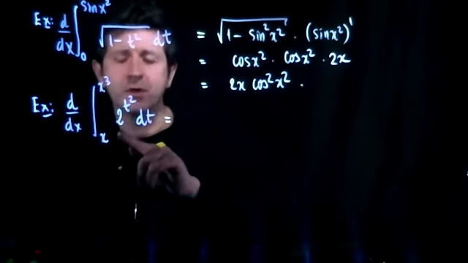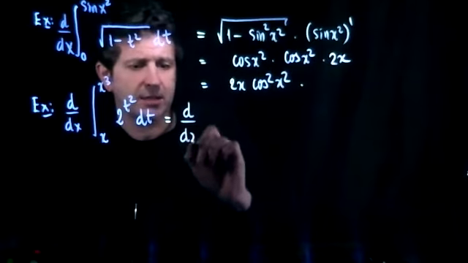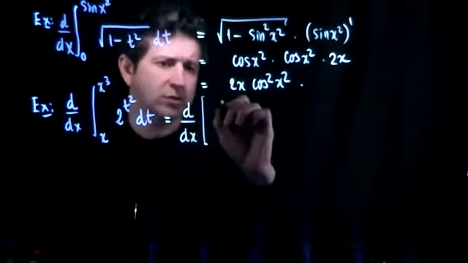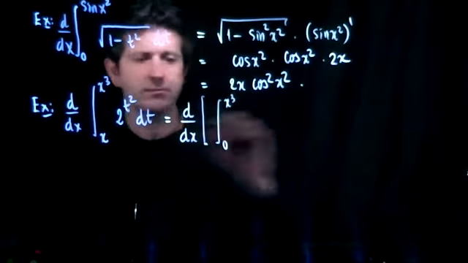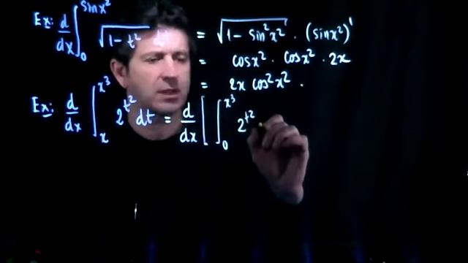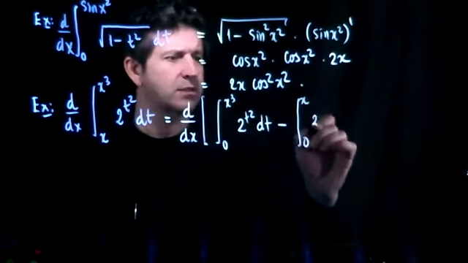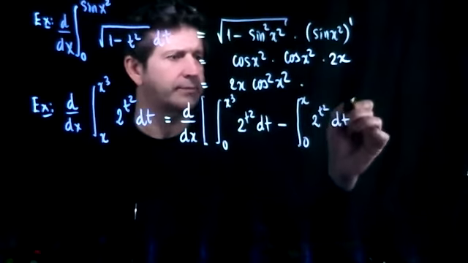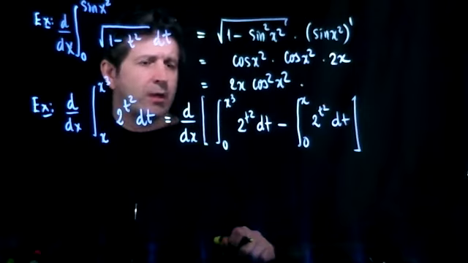Okay, so what I could do is I could say that this is d/dx of, and I could express this area as the area from 0 to x cubed of 2 to the power t squared dt minus the area from 0 to x of 2 to the power t squared dt. Do you understand what I just wrote here? Is that like using a second part of calculus? You would subtract.